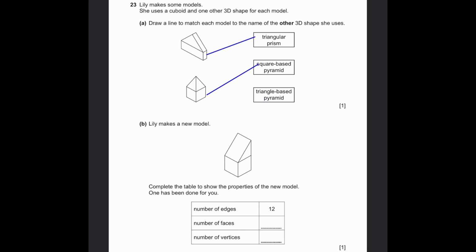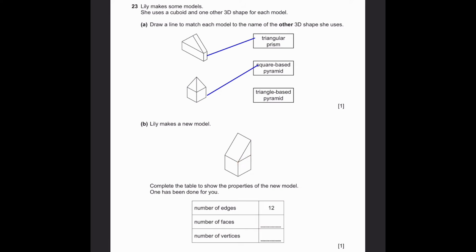Part B. Lily makes a new model. Complete the table to show the properties of the new model. One's been done for you. Number of edges is 12. Number of faces. Well, this line over here actually does not count as splitting this into 2 different faces, because even though we put 2 different shapes together, one cube below and the triangular prism above, these two merge together to form one face, since they are a flat surface together.